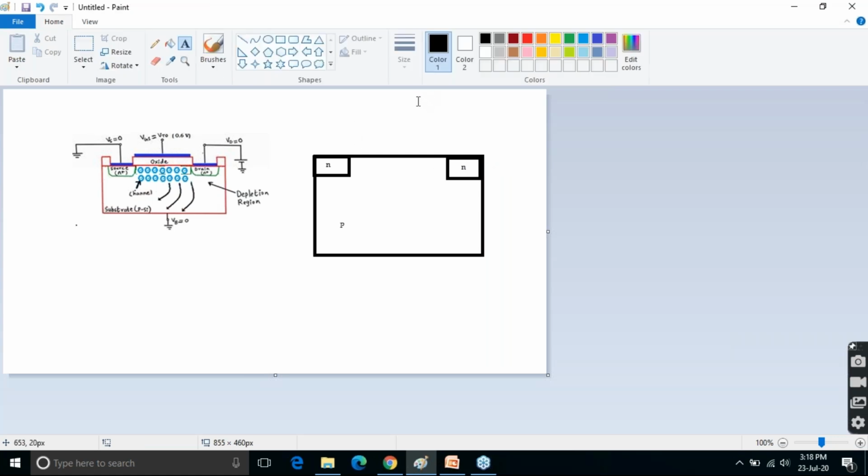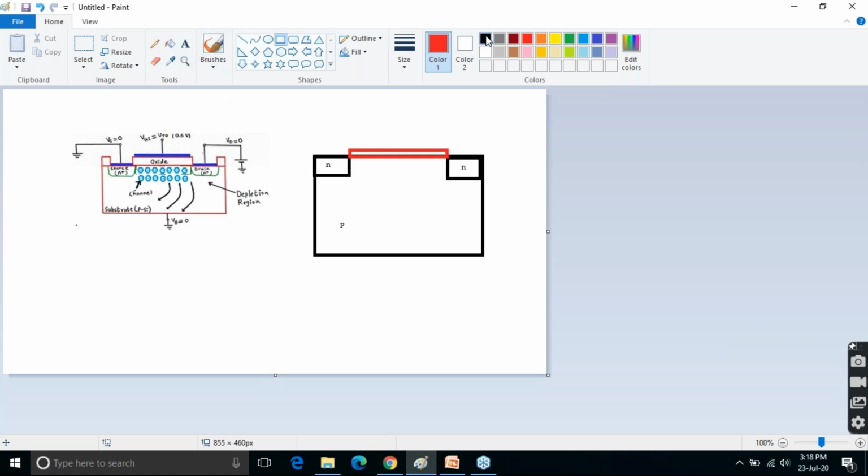Now what is the next thing you have? There is an oxide layer, because the gate terminal is insulated by an SiO2 layer, so it is not directly connected to the substrate. This is the oxide thickness.